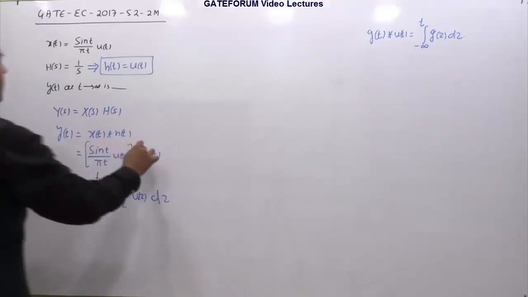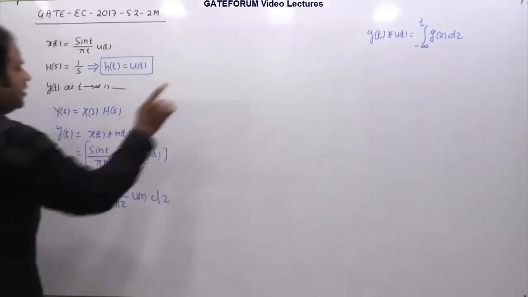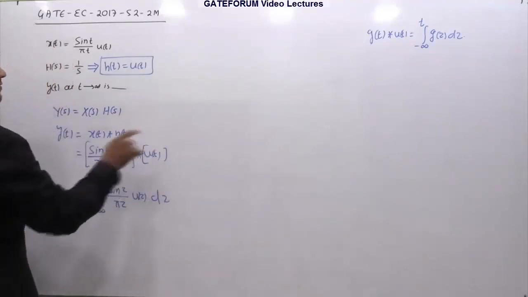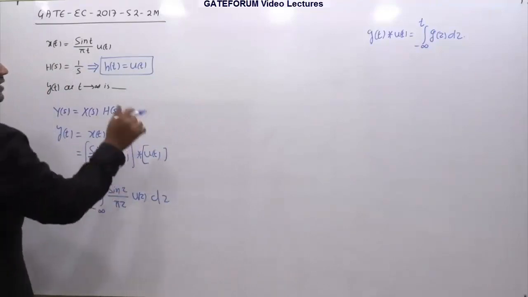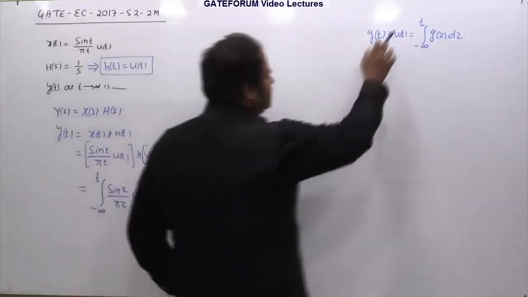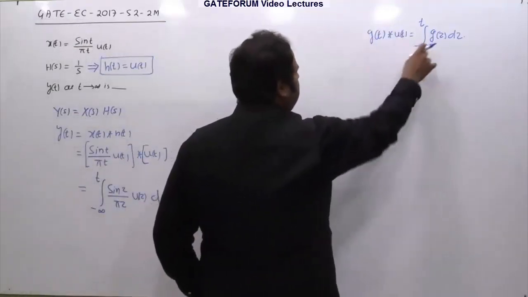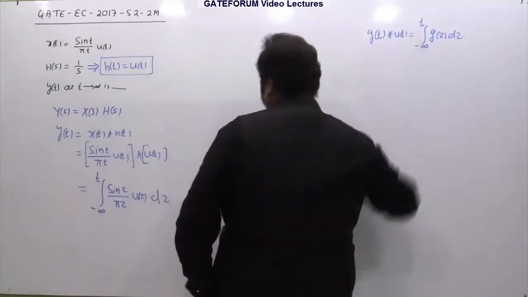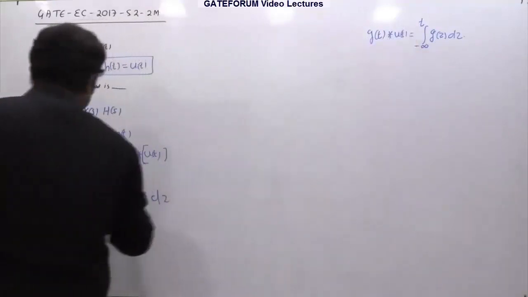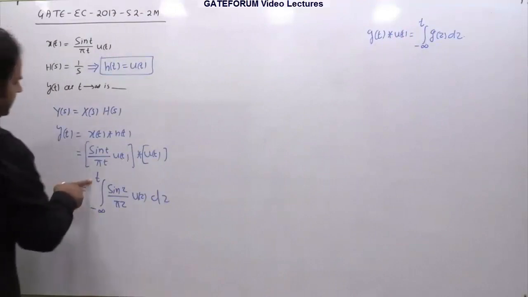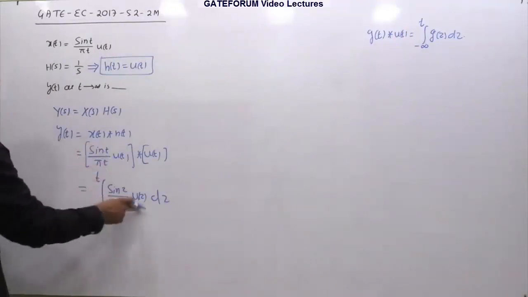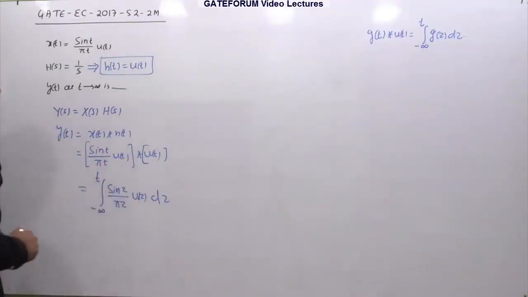If you compare this equation with that one, any signal convolved with the step signal is equal to, if I am convolving, this g(t) becomes g(tau), and I am integrating this function from minus infinity to t. Similarly, it is u(t), so I have to integrate this function from minus infinity to t, and the t notation should be changed to tau notation, right? So this is what is happening.